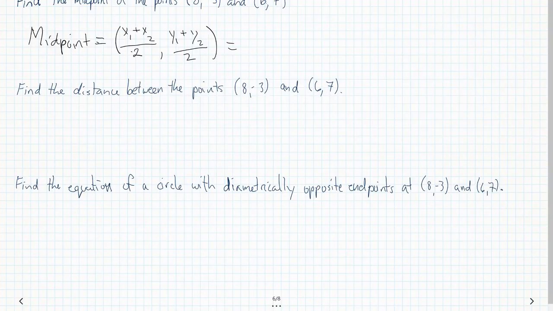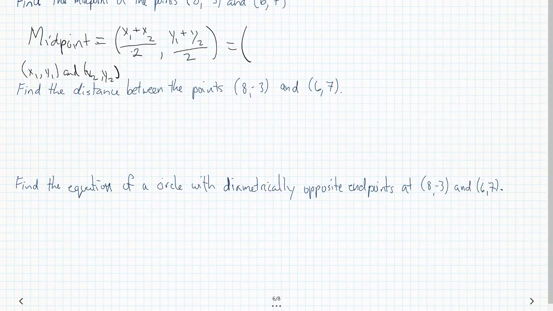And this is from points x1, y1 and x2, y2. It doesn't matter which one you call x1, y1, as long as you have one of them being x and y coordinates, you're good to go.